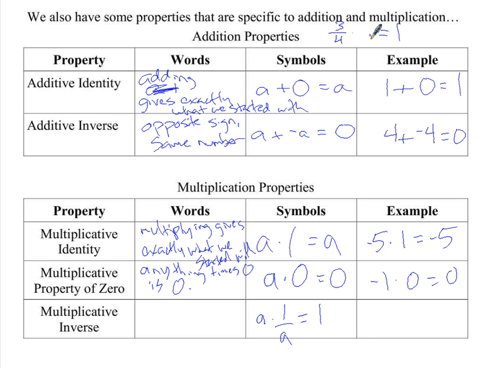So let's use that as our example. 3/4 times the reciprocal, 4/3, equals, you multiply across and you get 12 divided by 12. And 12 divided by 12 is 1. So the multiplicative inverse is the reciprocal.